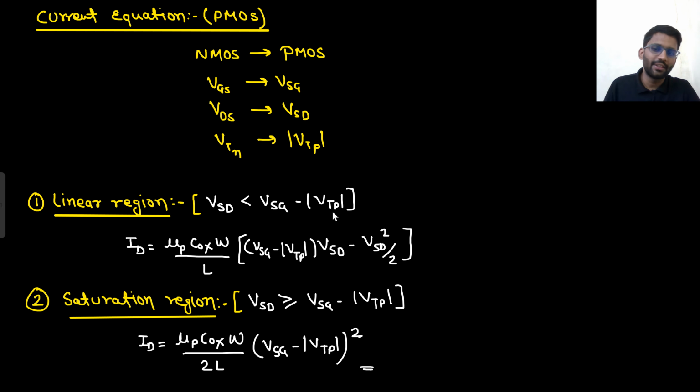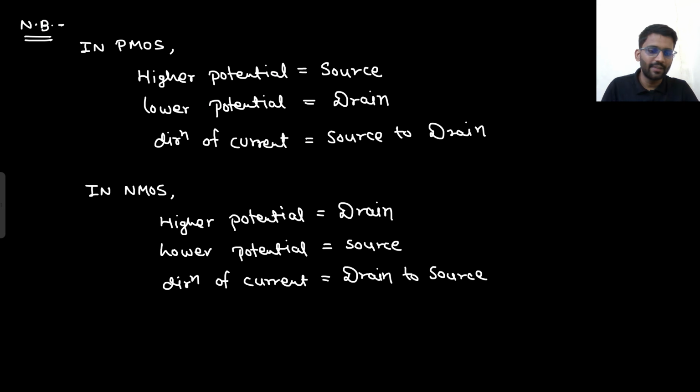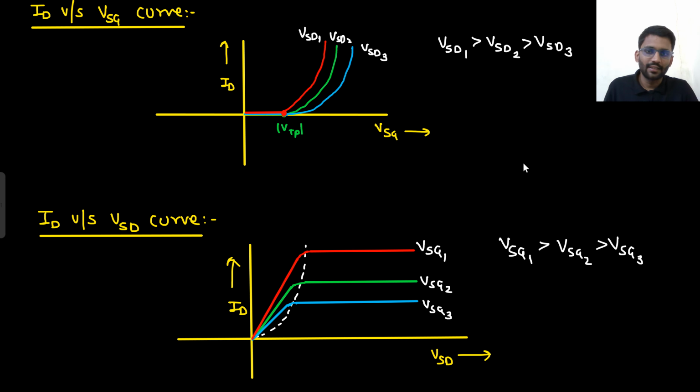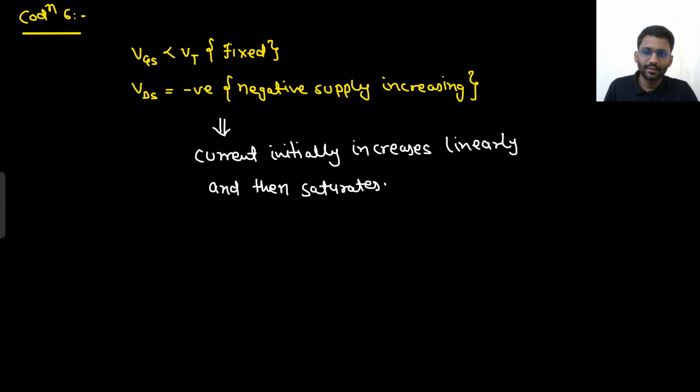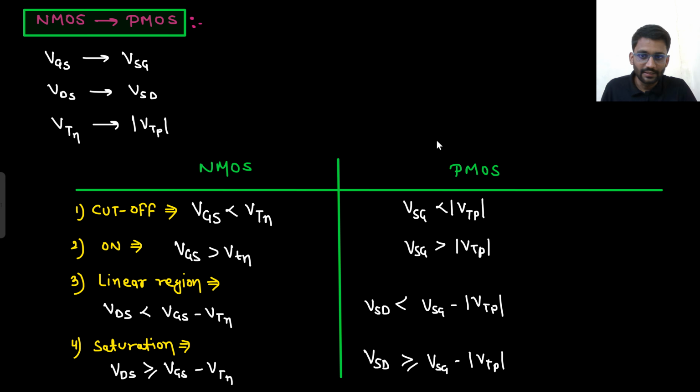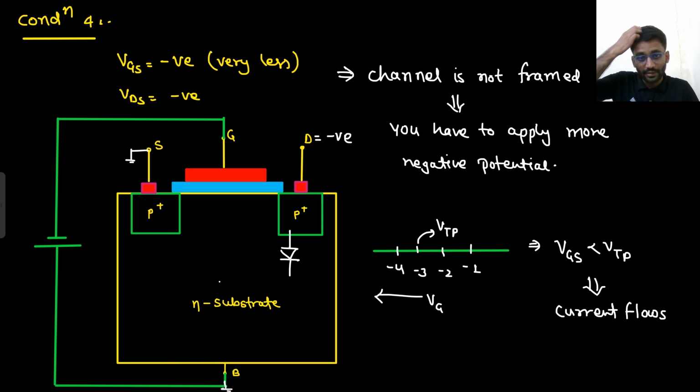You need to know these equations, you need to know these conditions. So this note is very important. These two equations, these two curves, and these conditions are very important: cutoff, linear, saturation.